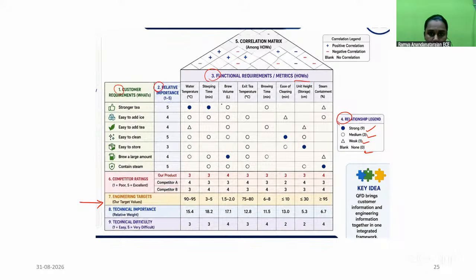So this area is completed now, that is the heart of HOQ is over. After that we went for correlation matrix, that is correlation between each and every metric, that was step number 5. After that we compared with the competitor, that is step number 6. After doing the comparison, we set the target values, that is step number 7.